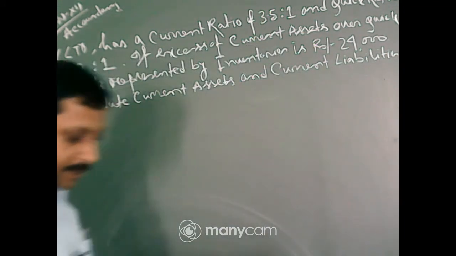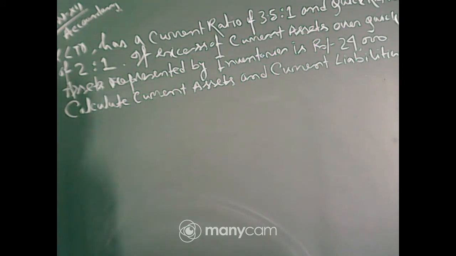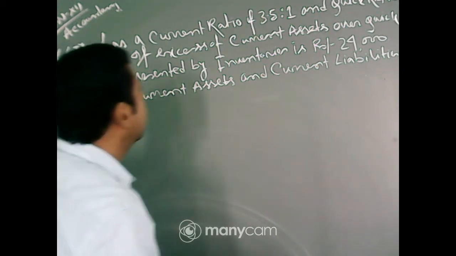Now what have they actually given? X Limited has a current ratio of 3.5:1.